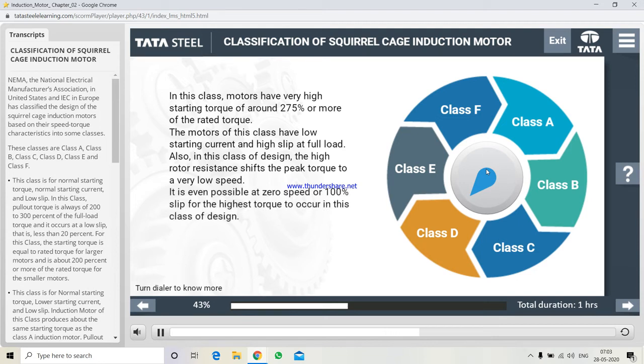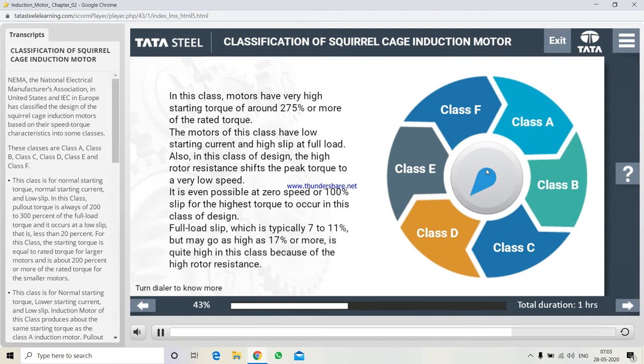It is even possible at 0 speed or 100% slip for the highest torque to occur in this class of design. Full load slip, which is typically 7 to 11%, but may go as high as 17% or more, is quite high in this class because of the high rotor resistance.